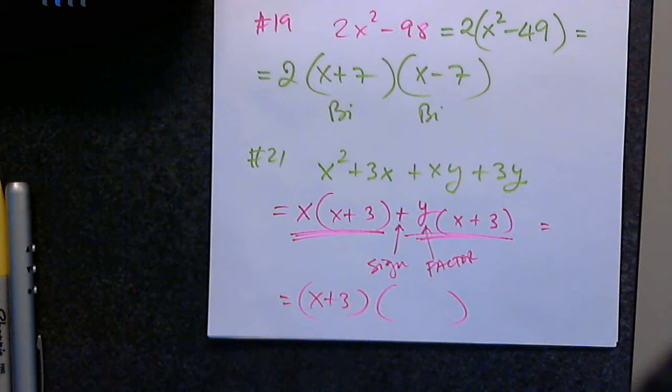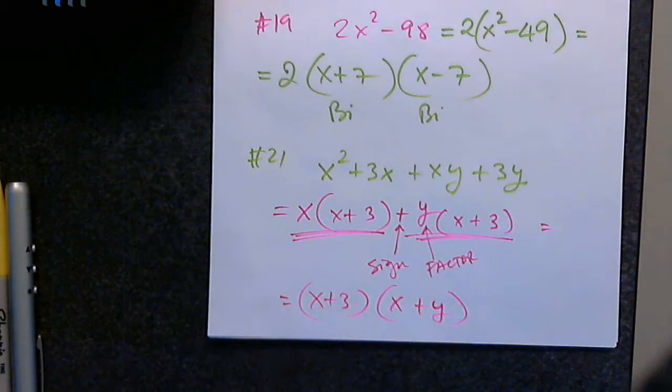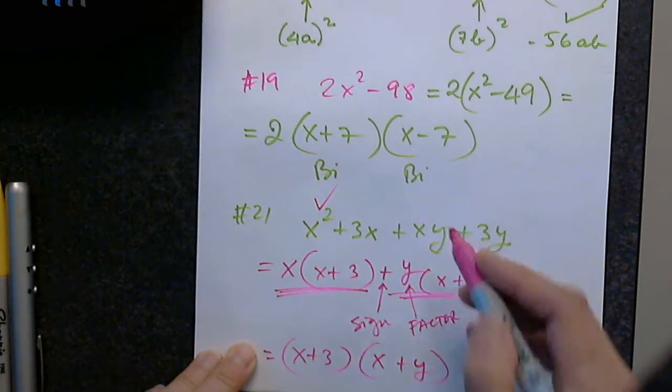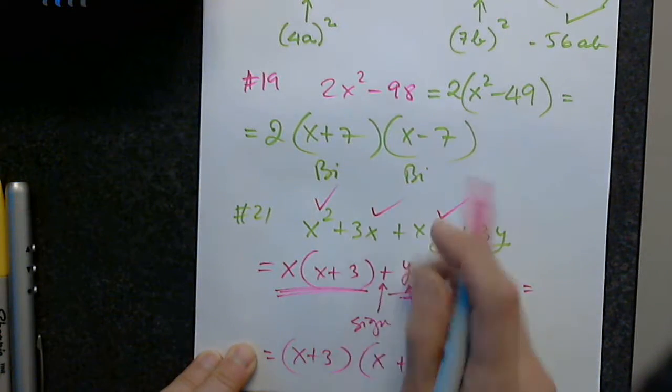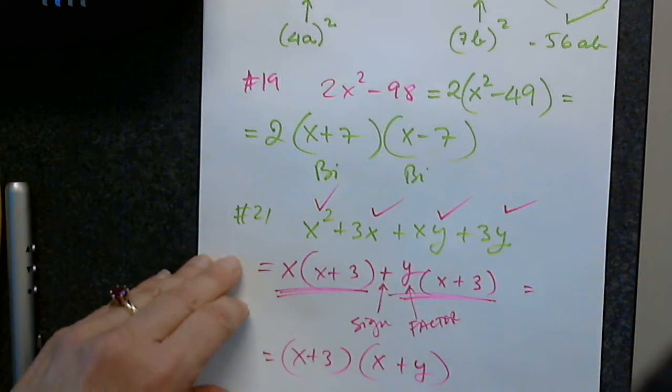What is left from the first and what is left from the last? X plus y. It takes you 15 seconds to check. X times x, x squared, x times y, 3 times x, 3 times y. You can always check these.